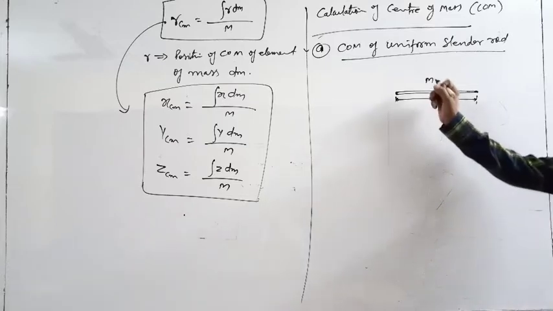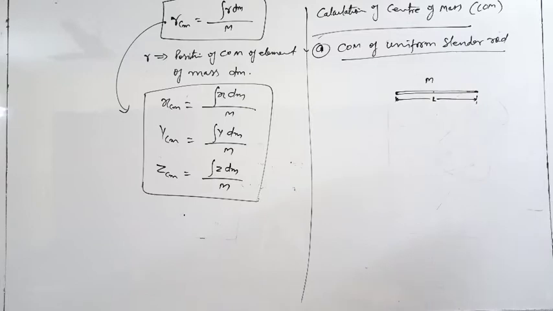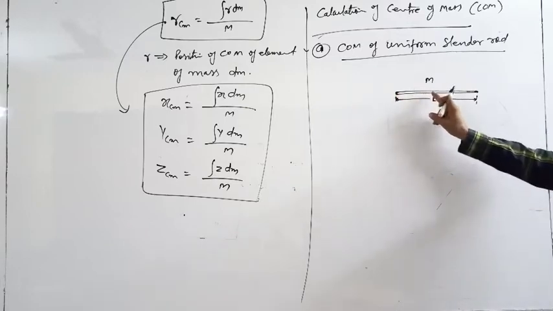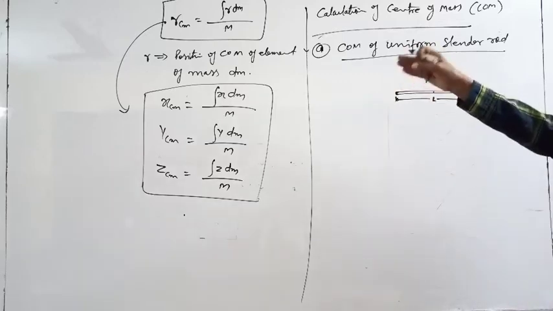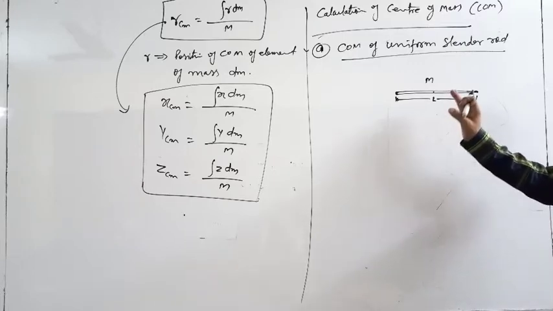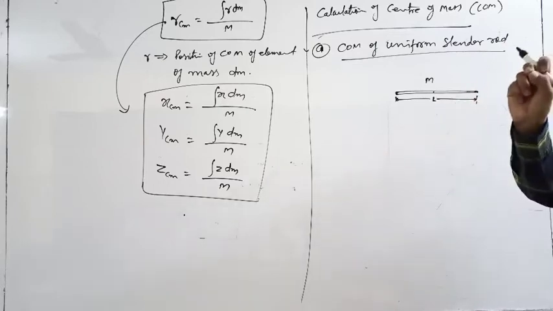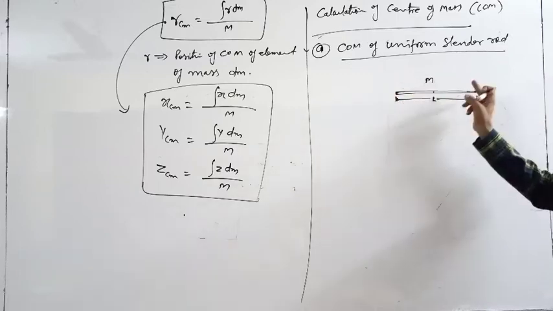So the geometrical center of this rod will be at the middle, at L by 2 distance from one end. So I think there is no need of calculation, but since these formulas are there, I want to show you how this result can come. L by 2 is the answer, no problem. So the center of mass of the rod will be at L by 2 distance from either end of the rod, either from here or from here.